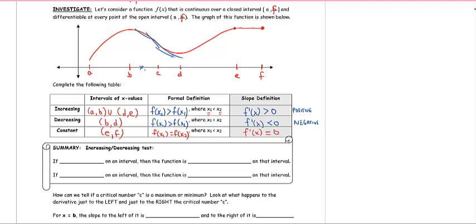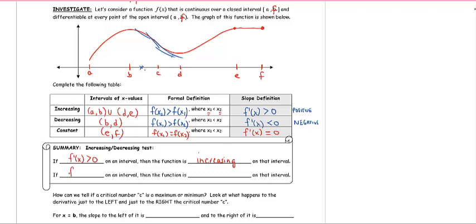So, as a summary here, if I ask you to figure out if an interval is increasing or decreasing, there's actually a test. If the derivative is bigger than 0 on the interval, then you know the function is increasing on that interval.